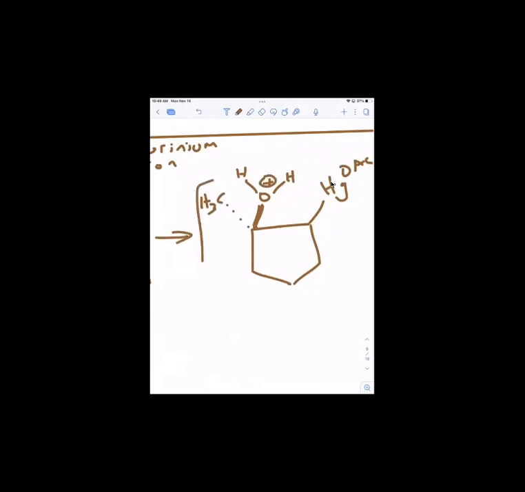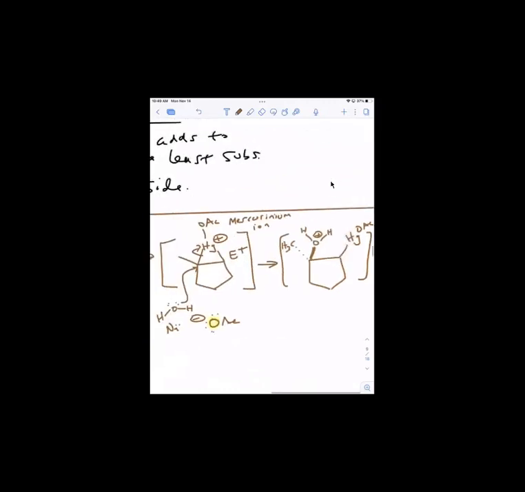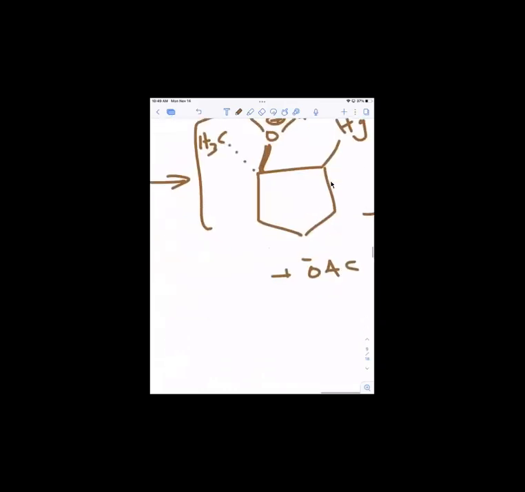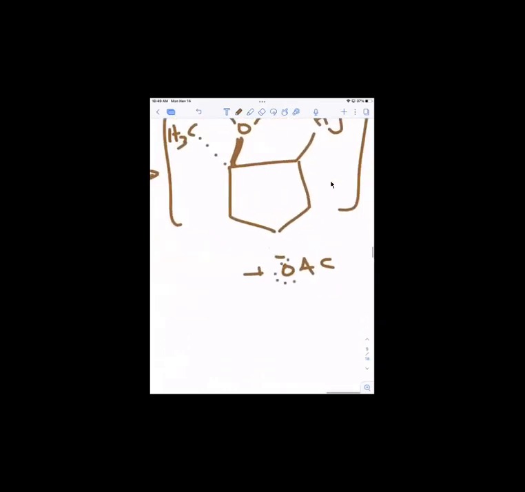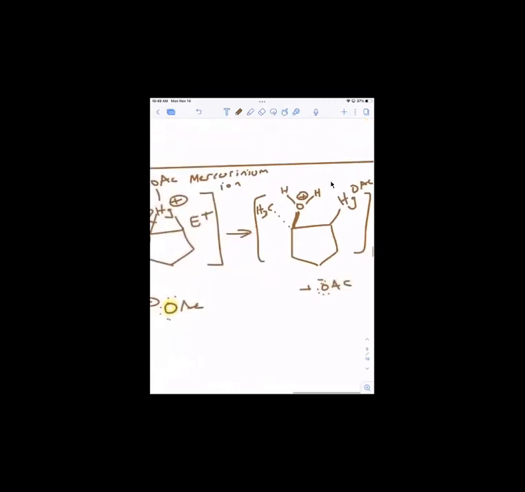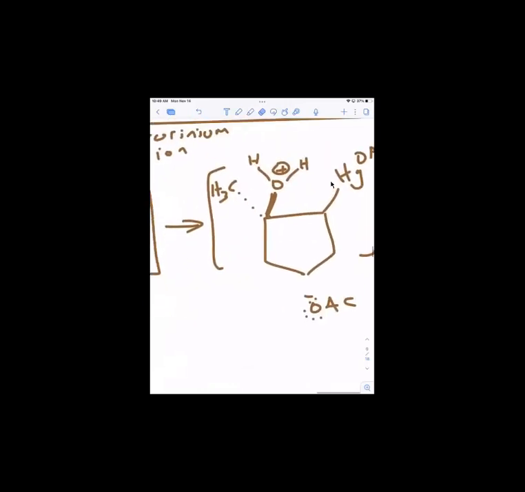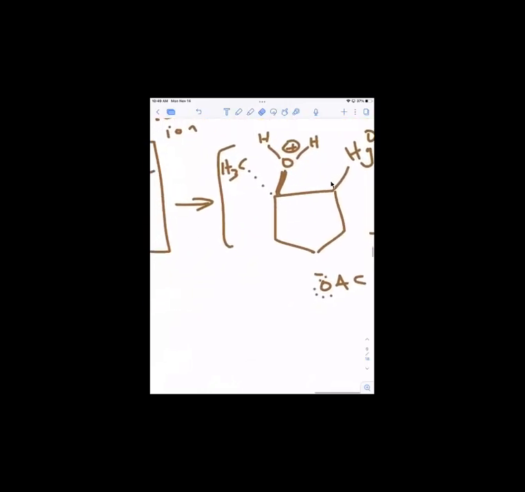It's also an intermediate. What can I do to get that water to become an OH? Anybody? I have this OAc hanging out here. It's not a great base, but it's a decent base. What can I do? I want to get rid of one of these hydrogens. And I have this OAc down here that can help me do that. What would you do?